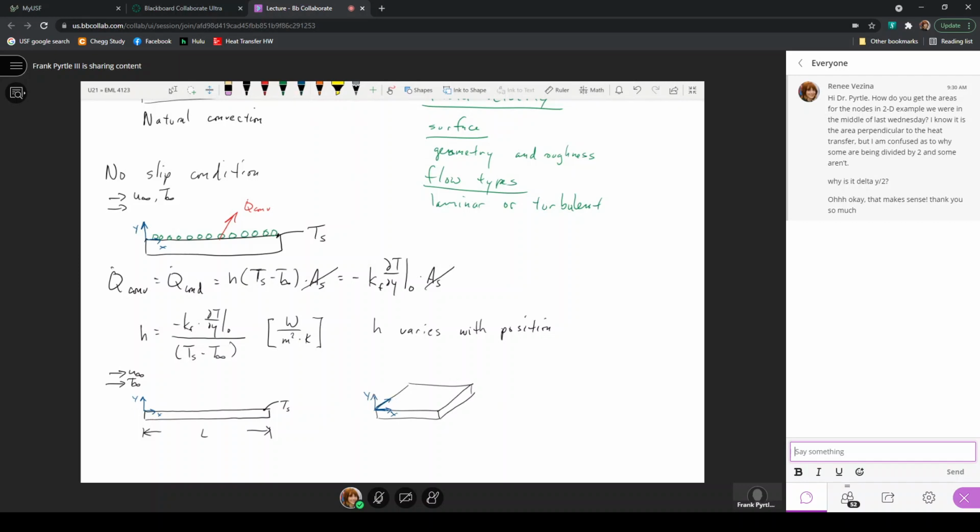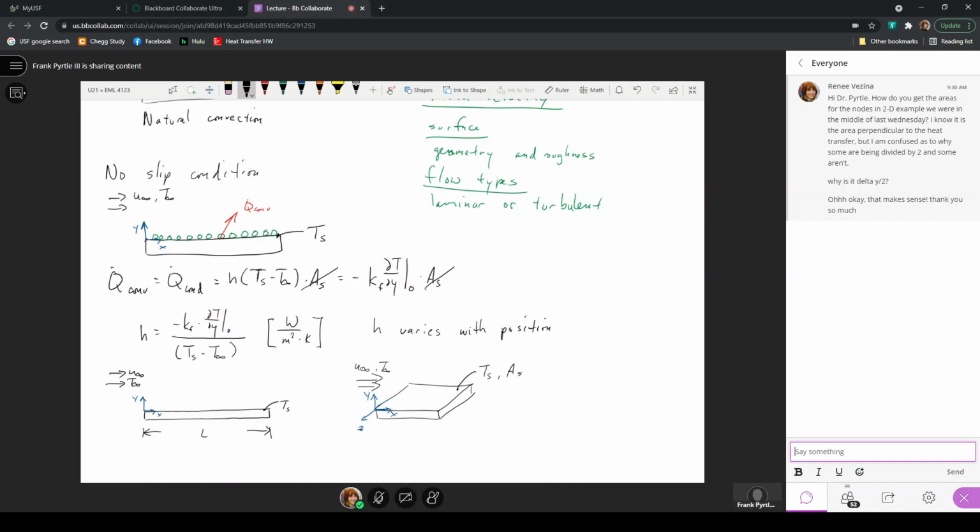We'll actually make it in the opposite direction, so stick with the positive right-hand rule here. But if I move along the length of this plate, if I have the same fluid, U infinity, T infinity, so that now I'm considering there's a surface temperature and there's a surface area here.